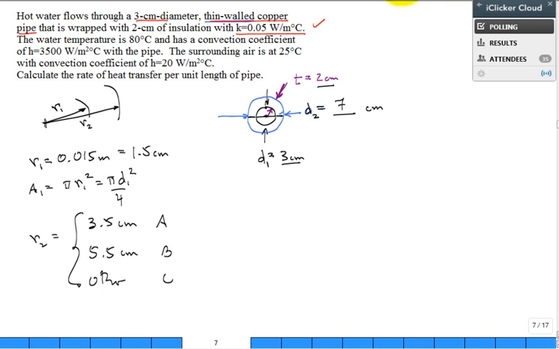So now we go back to this question. What is R2? Is it A, B, or C? All right, everybody in? Let's go ahead and stop.